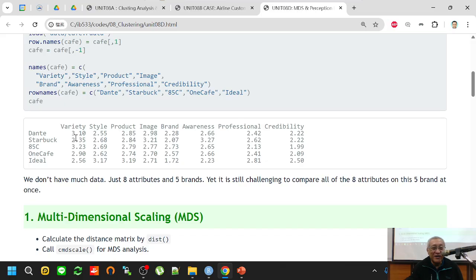When they do the survey, they ask a lot of consumers to rate each of the brands in so many different aspects, right? For example, variety, credibility, professional, awareness, brand image, product, style, variant.